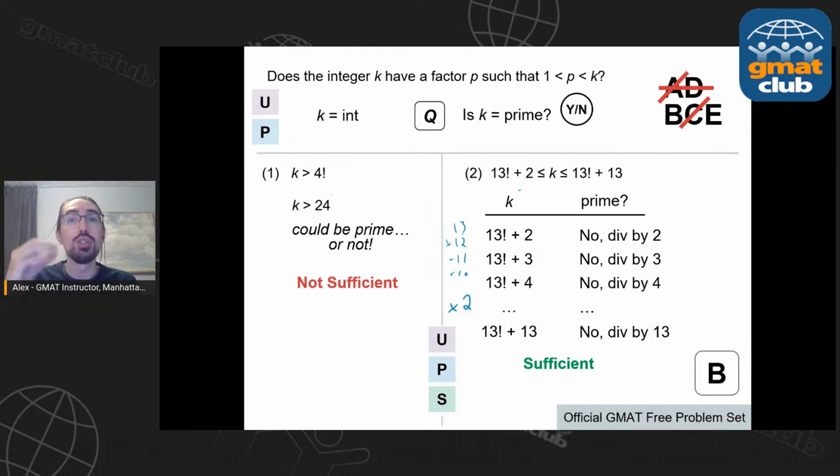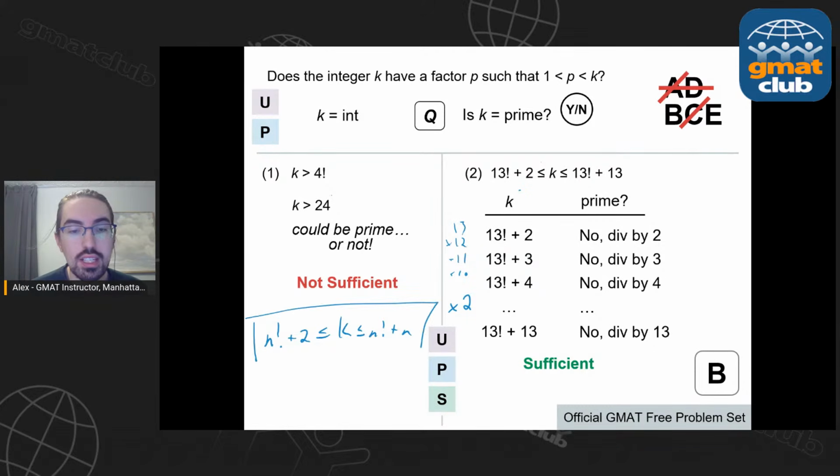So again, if you're like Ansh and you know this theory, if you know that everything from n factorial plus 2 through n factorial plus n, so if we had k in between there, then you could just know that all these things are not prime. They're all divisible by the thing that we're adding.